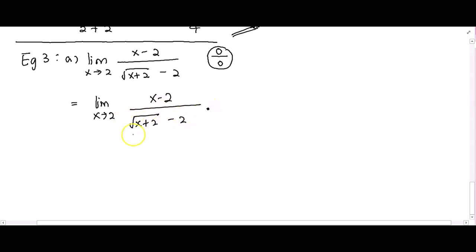Now I decide to multiply the denominator by square root of x plus 2, plus 2, which is the conjugate of this. When the denominator is multiplied by its conjugate, we need to multiply the same thing at the numerator so that it won't affect the function.